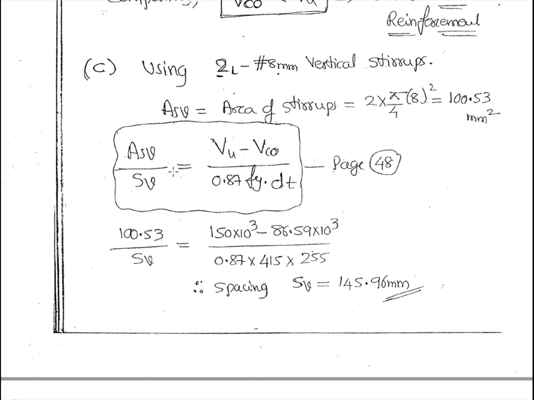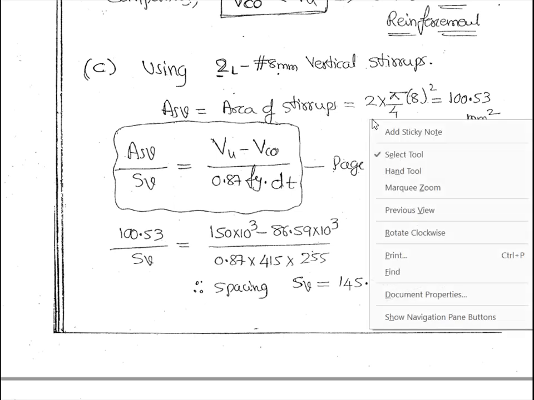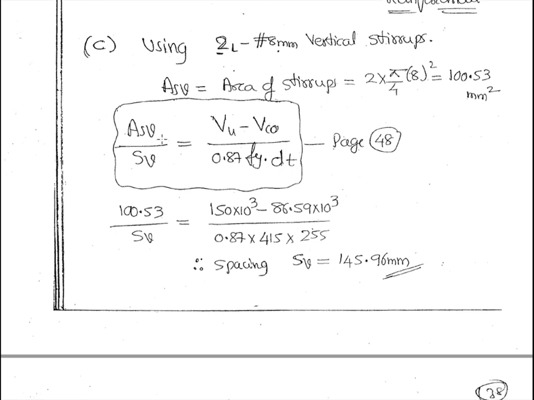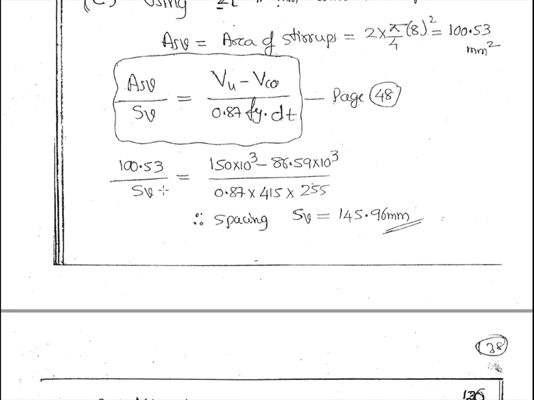So ASV, area of stirrups, is equal to 2 legs, 2 into pi d square by 4, with 8 mm dia, which gives 100.53 mm square. Using this second formula and substituting, you will get the value of SV. So SV is equal to 145.96 mm. To check whether this value is within the limits or not, you have to substitute and get the value.